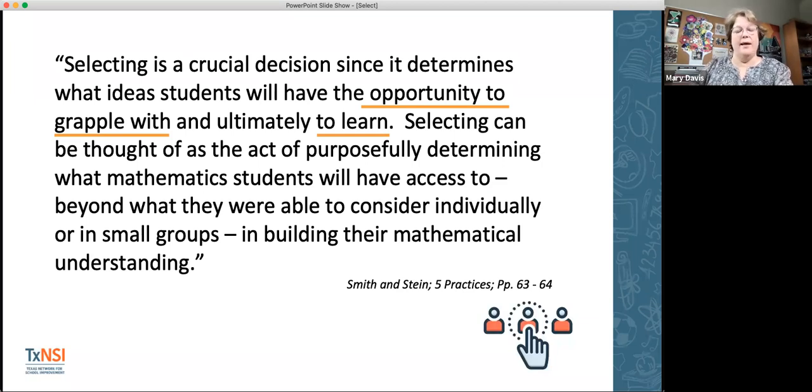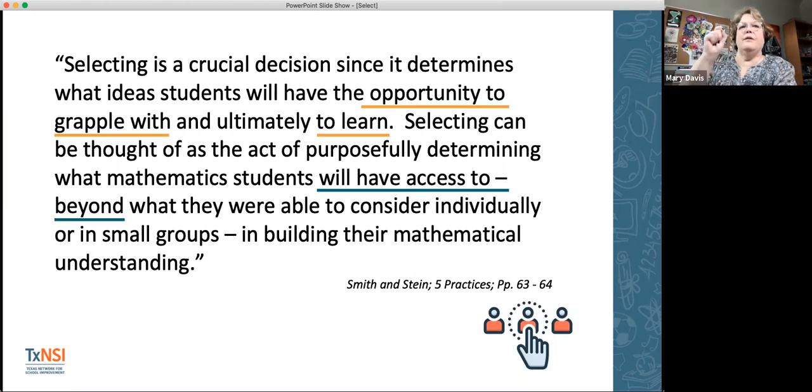It's always their way. If I always choose the same kids, or if I go alphabetically, I want to make sure that you understand this idea of grappling with and learning: what is happening when you select the students that are going up to the board.